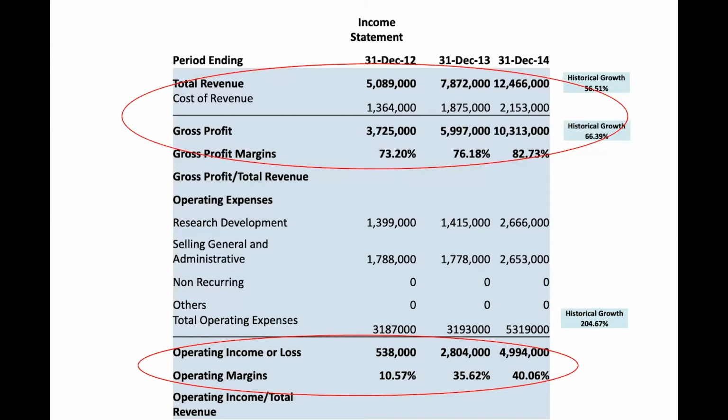Your operating margin, calculated by taking your operating income and dividing it by your total revenue, goes from 10.5% to 35% to 40%. So again, for every dollar in revenue, they're generating 40 cents in operating margin. So that's how we read the top half of the income statement, again known as your operating leverage.